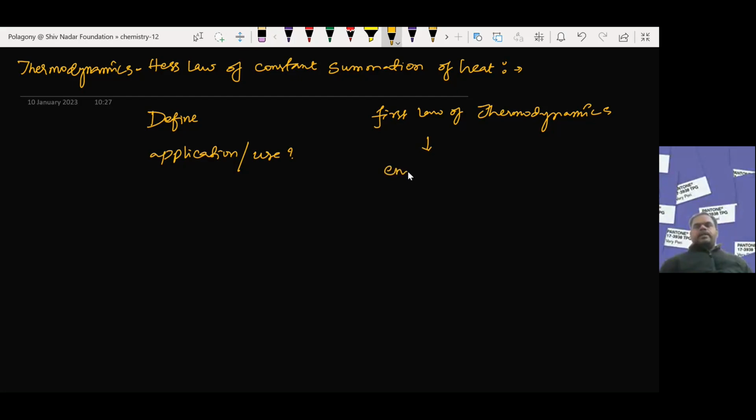energy change is constant. This is what the first law says.